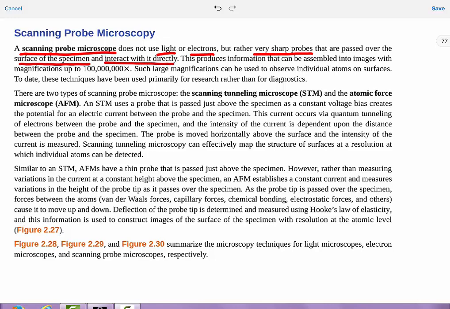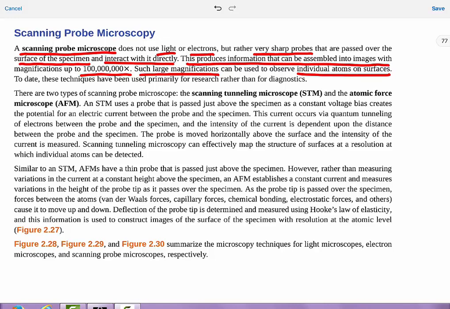We have these little tiny probes going over the surface of the specimen and actually touching it. It's not bouncing light or electrons, we're actually touching the specimen. This produces information that can be assembled into images with higher magnifications than what we've seen before. Such large magnifications can be used to observe individual atoms on surfaces, the smallest so far.